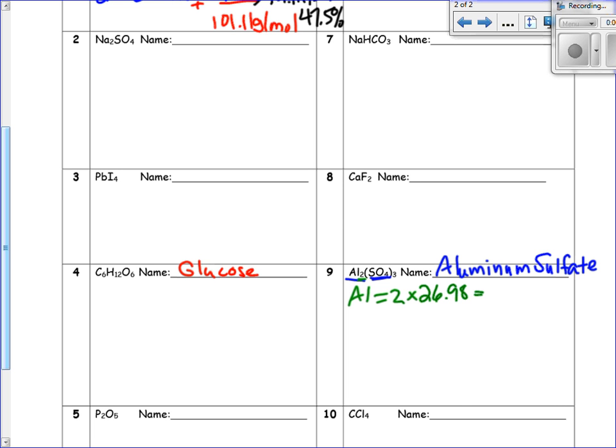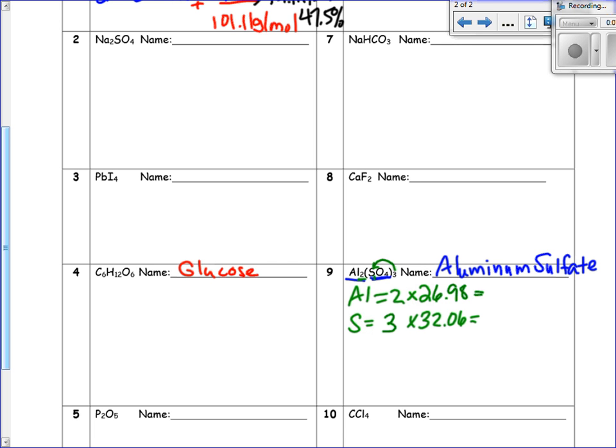But let's look at the S and the O, because this gets a little confusing. For S, how do I figure out the number of atoms? Yes, we're going to look at the parentheses, and this is an understood 1 subscript here, right? What do I do in math when I have parentheses? Distribute, or multiply, right? So this 3 multiplies by that 1, so we have a total of 3 atoms of sulfur, at 32.06 each.